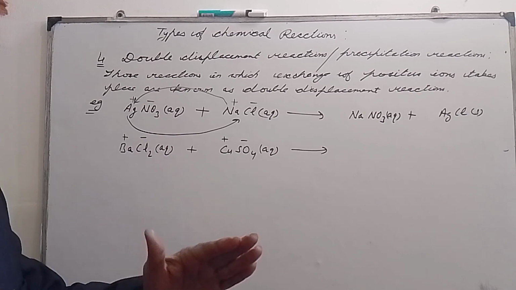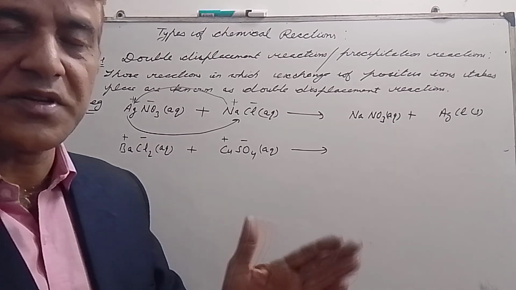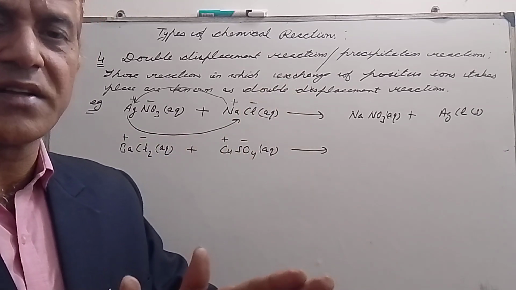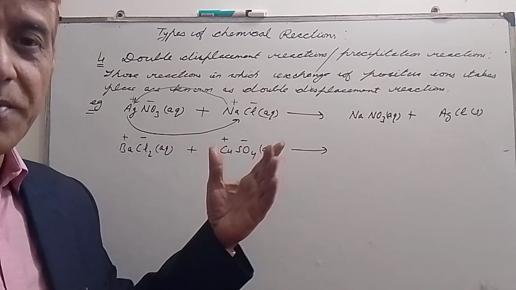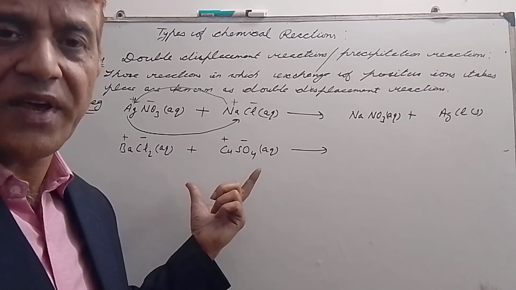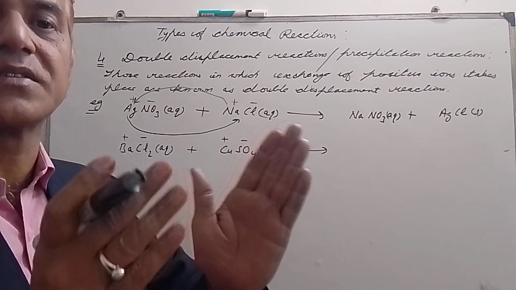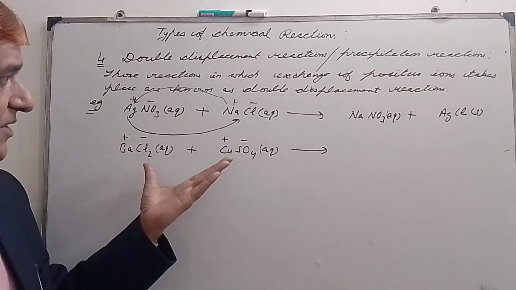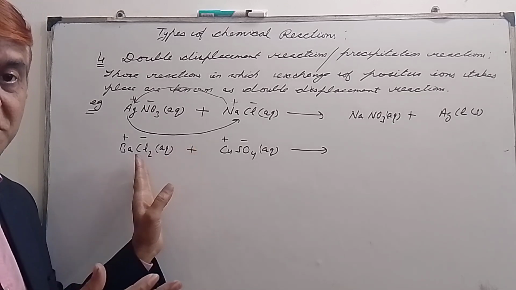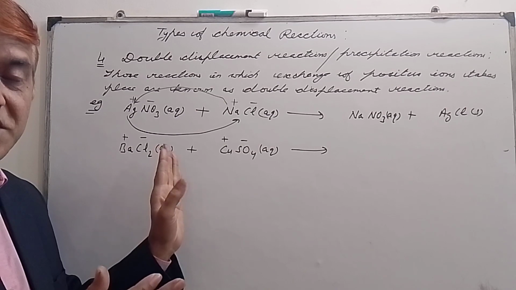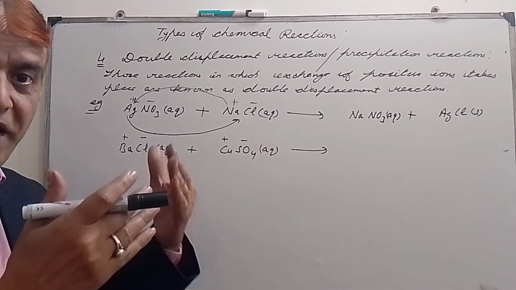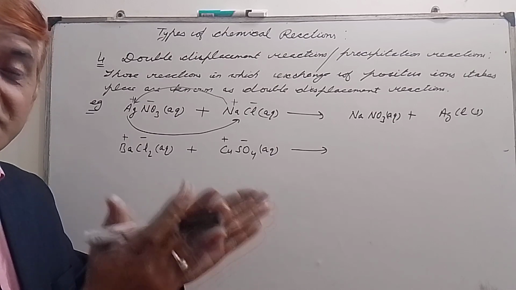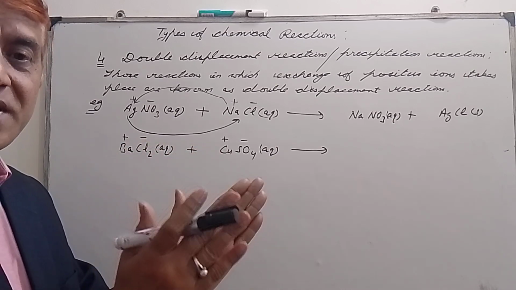For example, in our displacement reactions, a more reactive element will displace a less reactive element. That concept is not valid here. You will not think in terms of that here. There is no displacement here. There is no question of an element being more reactive or less reactive. Here there is exchange of positive ions.